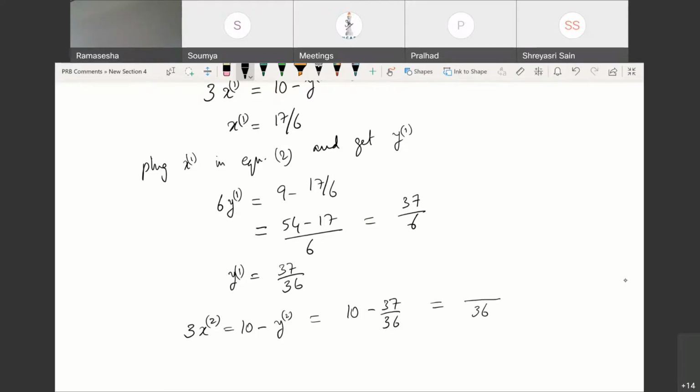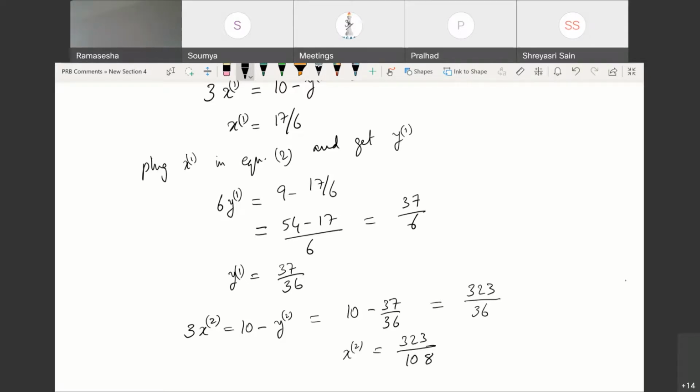How much is it? 360 minus 37 is 323, right? So x2 is equal to 323 by 108. Do you see that?